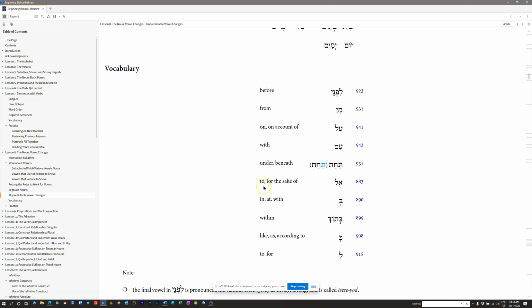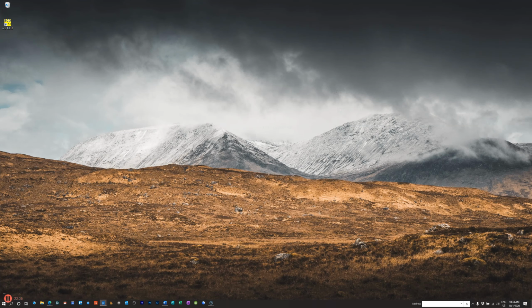All right. L, to or for the sake of. When it says to, that's usually directional. It usually describes motion. The difference between L and lamed, as far as to goes, they're pretty similar. There's a lot of overlap there, but L usually is more related to motion, and lamed is more related to destination.